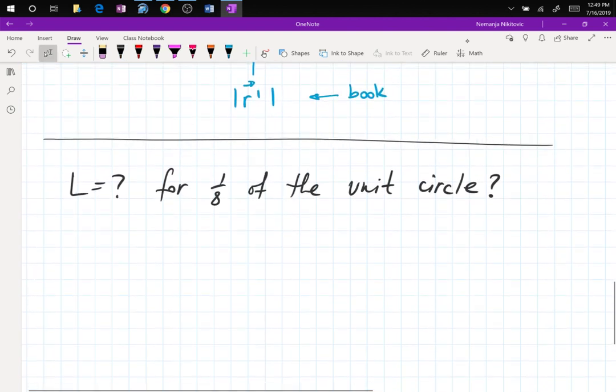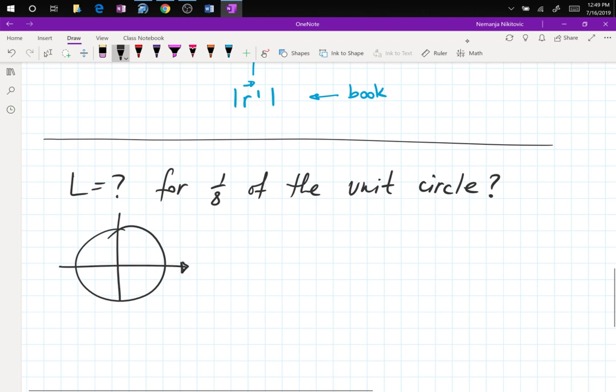Well, first off, what is the 1/8? Well, that's exactly 1 pizza slice in a large pie, right? The pizza is cut 4 ways, and then you cut each one right on the side. So if you take a look at the unit circle, radius is obviously 1. You cut also this way, so this much over here is 1/8 of the full circle.